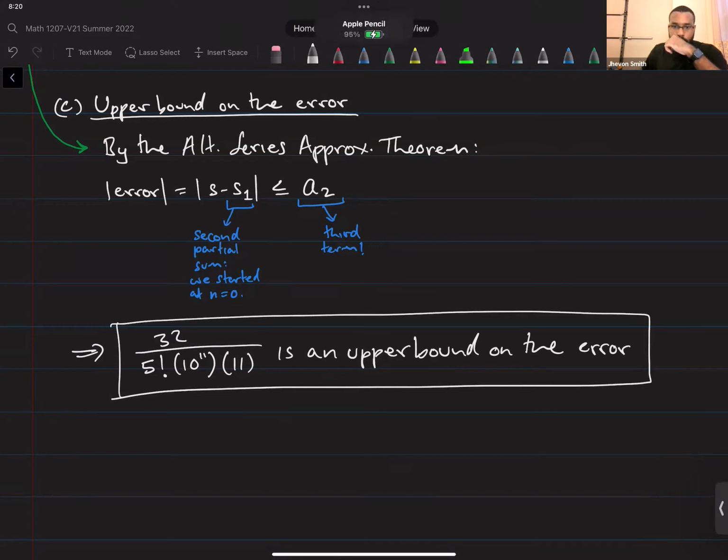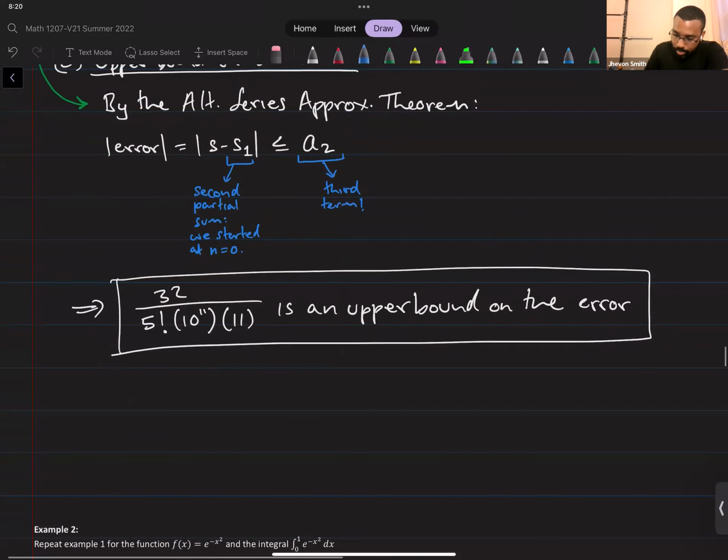Now, what is that actually? Take 32 divided by 5 factorial, which is 120, times 11, times 10 to the 11. Ooh, that's actually pretty good.